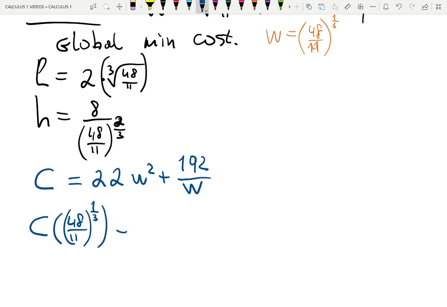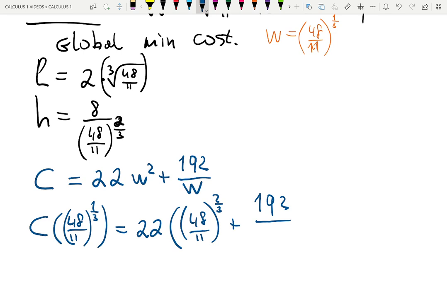Doesn't matter. 22w squared becomes 48 over 11 raised to the 2/3 plus 192 all over 48 over 11 raised to the 1/3. You could flip this fraction and multiply it by 192 if you want. Just don't forget to change the sign of the exponent. I'm not going to be doing that.